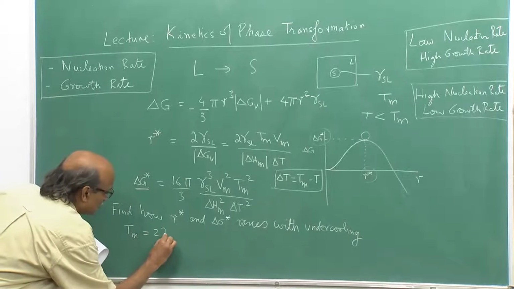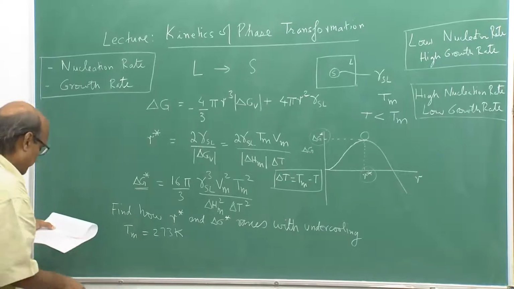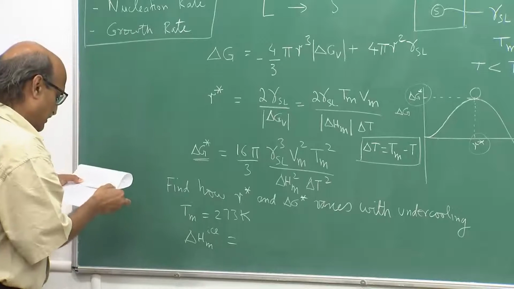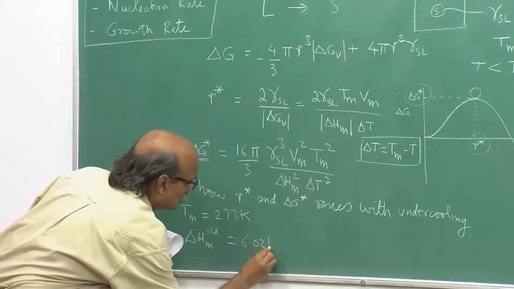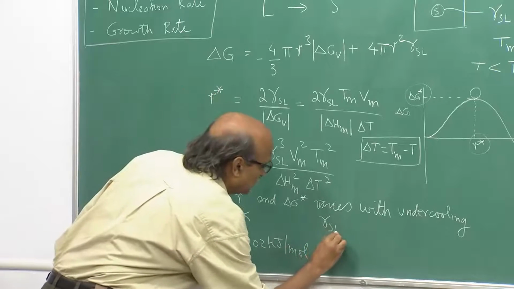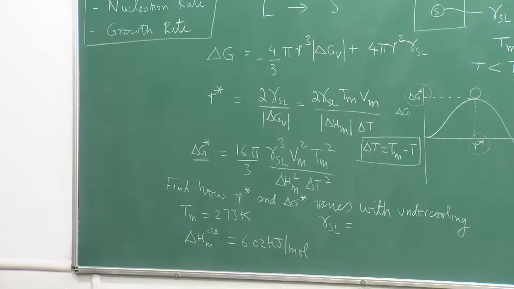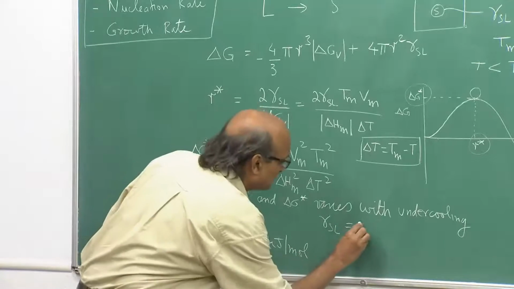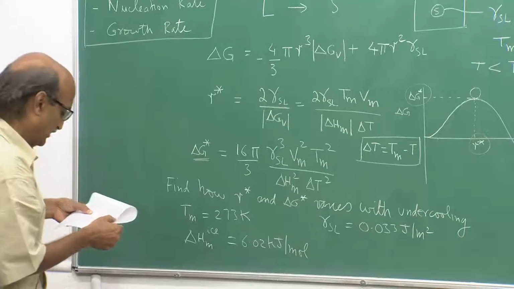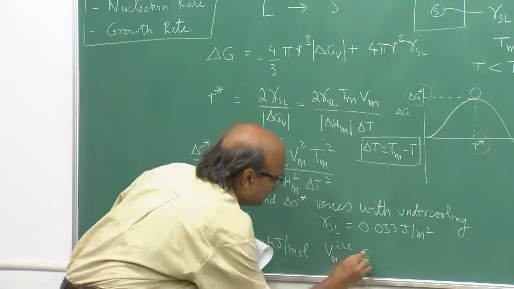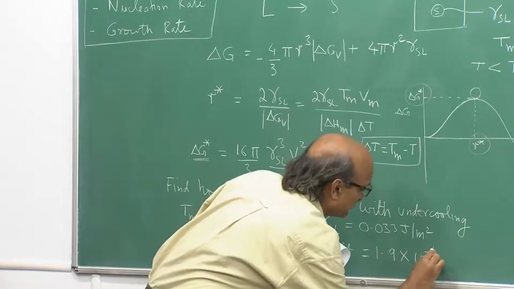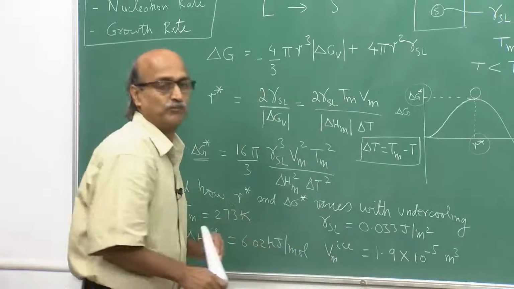Obviously, Tm is 273 degrees Kelvin for water, delta Hm of ice is 6.02 kilojoules per mole, gamma SL, the interfacial energy of the solid liquid interface, is 0.033 joules per meter square, and the molar volume of ice is 1.9 into 10 to the power minus 5 meter cube per mole.